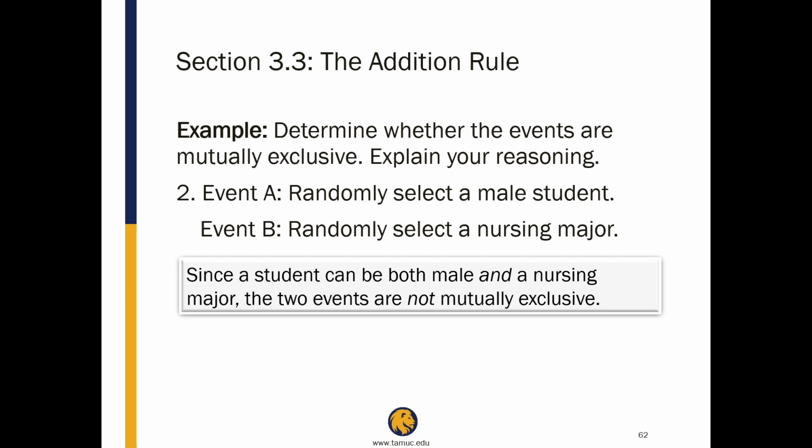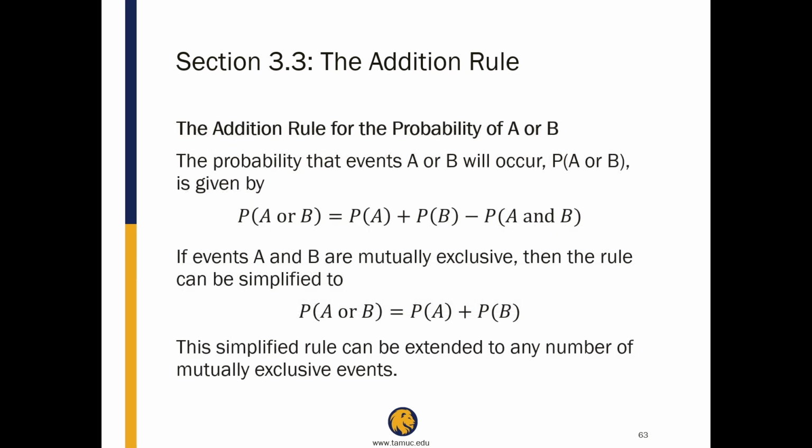So we look to see if events are mutually exclusive when considering the next thing about probability, which is the addition rule for the probability of events A or B. The probability that event A or B will occur is given by: the probability of A or B is equal to the probability of A plus the probability of B minus the probability of A and B. This is, in general, whether or not they're mutually exclusive, a calculation we can use.